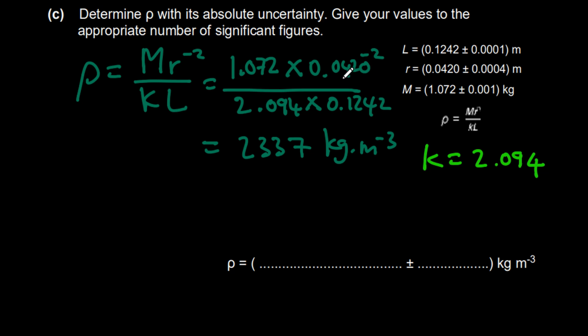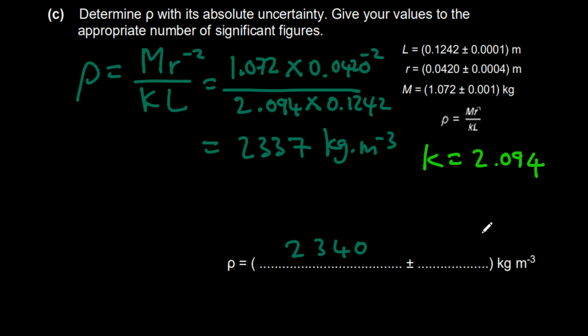So our answer must be written with the least number of significant figures used in the calculation. So we have to write this answer with 3 significant figures. So 2337 with 3 significant figures will be 2340.